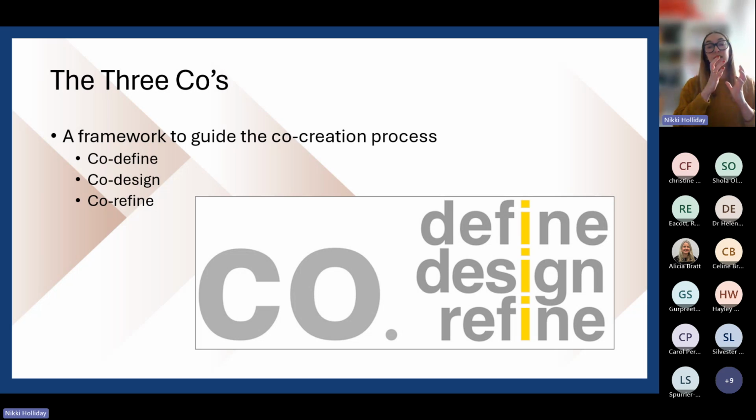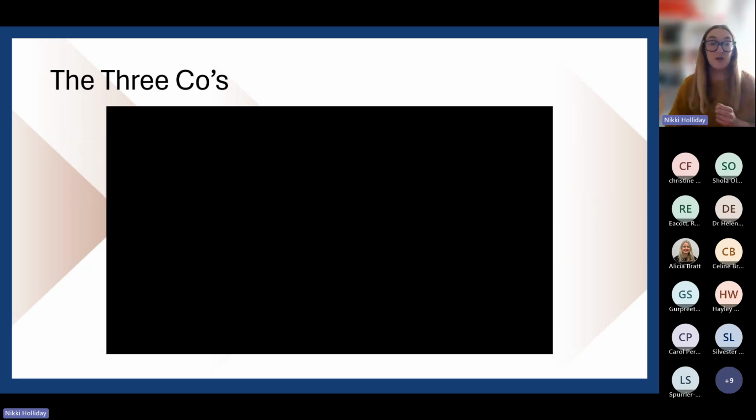And it's a 3-stage process. There's a stage of co-defining, co-designing, and co-refining. And we'll move on to the next slide, which will be my colleague Gemma, and she will talk you through the 3 Co's framework and a paper that they've recently had published, giving more information on this.